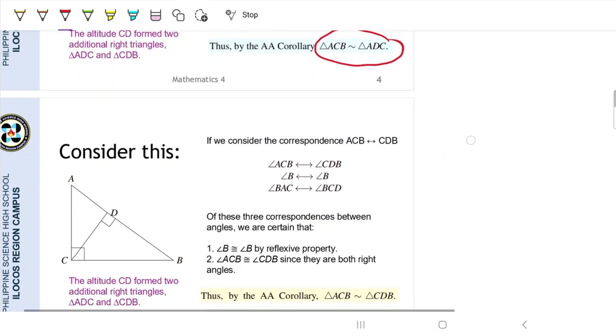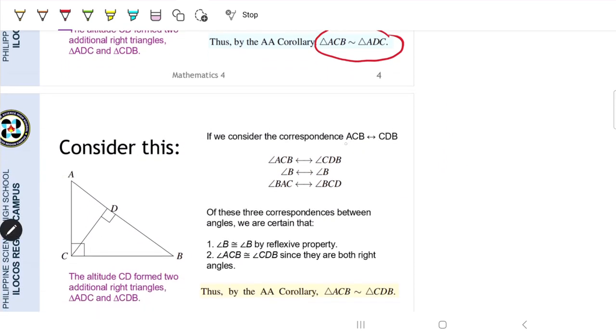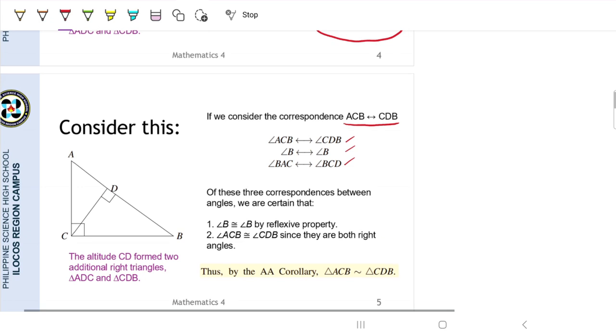Accordingly, we can also get the correspondence ACB and CDB, wherein these three pairs of angles are corresponding. And we can also say that angle B is congruent to angle B by reflexive property, and both angles ACB and CDB as shown in the figure are right angles, therefore they are congruent.